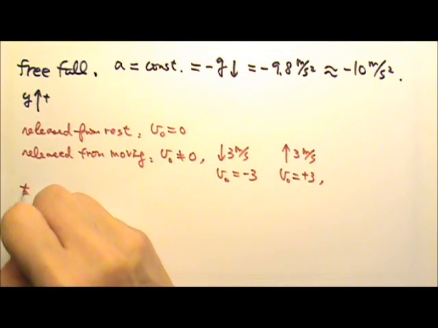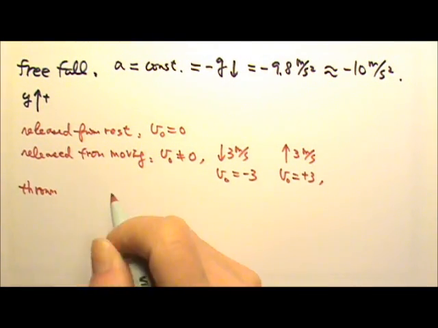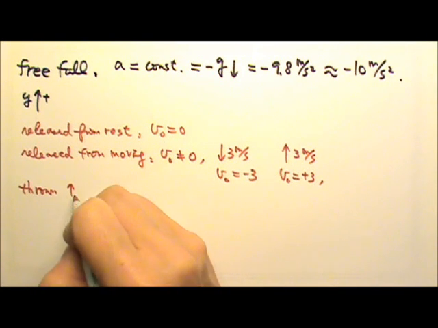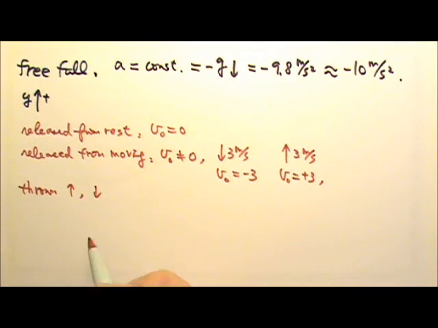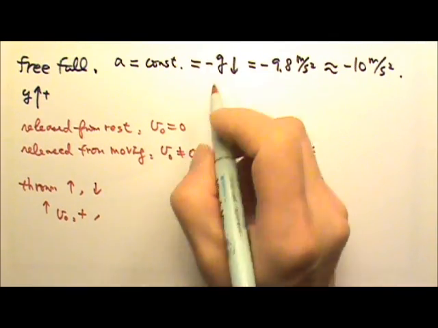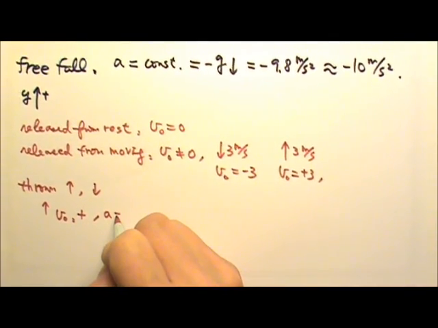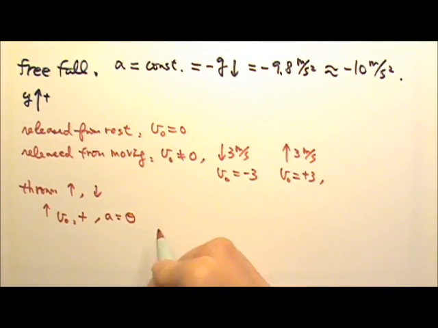We can also have an object starting out that's thrown either upward or downward. If we throw something upward, that means the initial velocity is positive. And then, of course, the acceleration is still that downward gravitational acceleration, so the acceleration will still be a negative number.